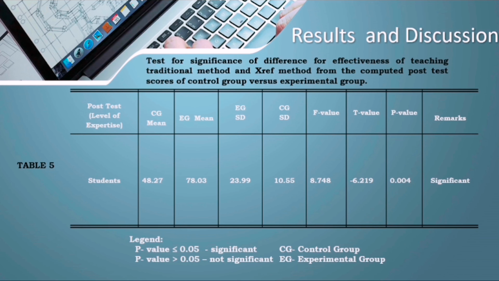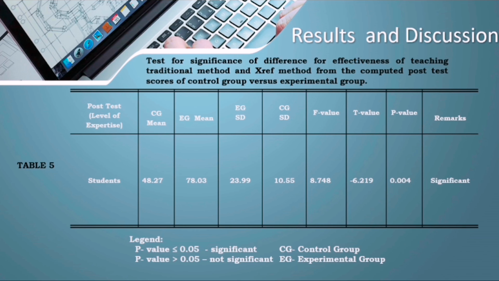Now, test for significant difference for effectiveness of teaching, from computed post-test scores of the control group versus the experimental group. So in the post-test of the level of expertise, the experimental group shows that the mean gain has a big significant difference compared to the control group.